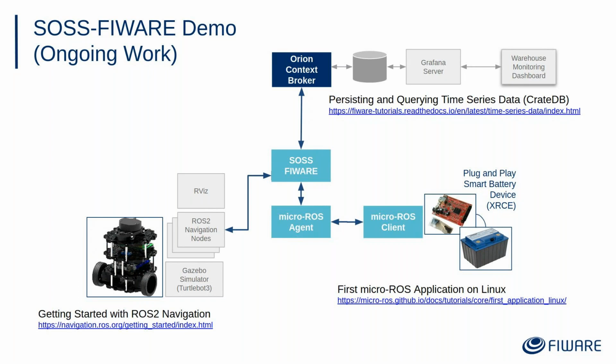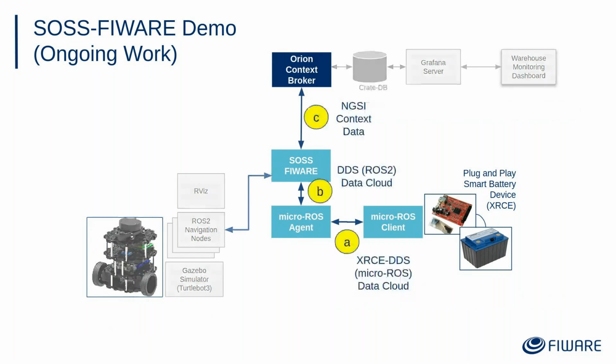In the demo we are going to show now, we are going to focus only on one part of this demo, and in particular we have created a fictional environment in which a technology provider provides a, let's say, plug-and-play ready smart battery device that can be plugged into the Turtlebot 3.